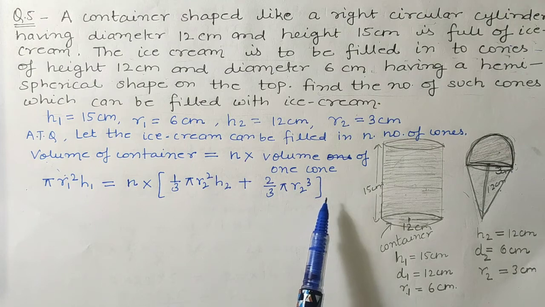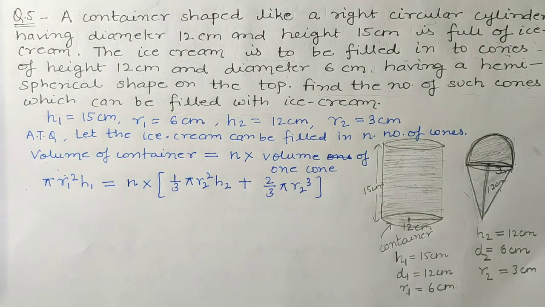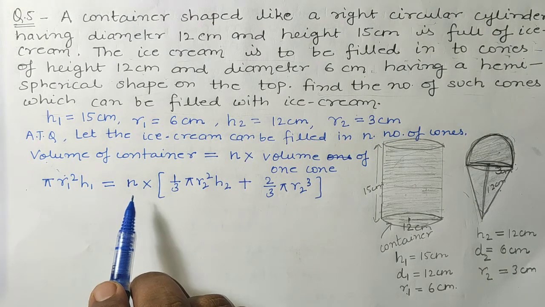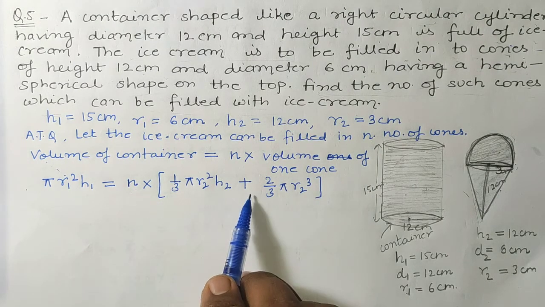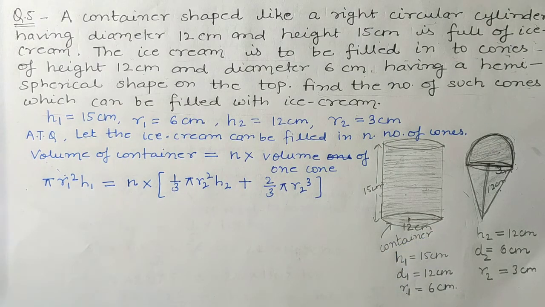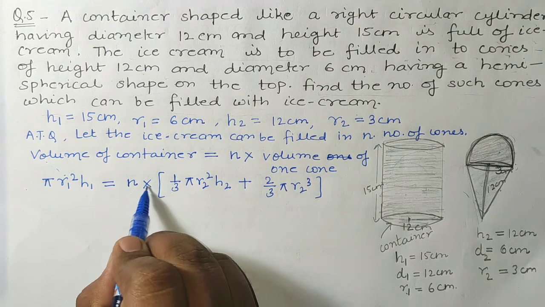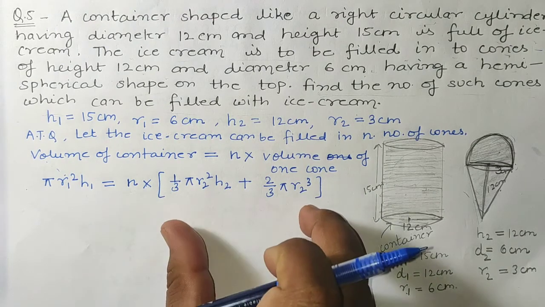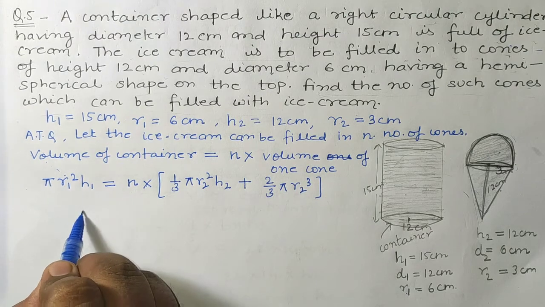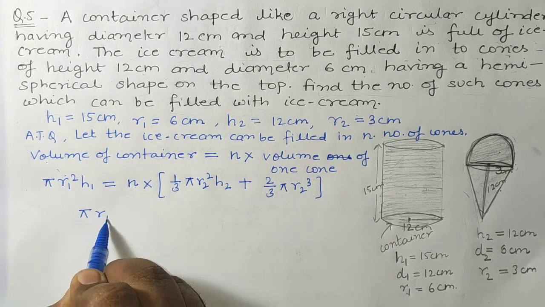Okay students, so this is the mathematical form of the above line. Here we have to find n. If we want to find n, we have to shift the whole term to the left hand side. Since it is in the form of multiplication, it will divide on the left hand side.